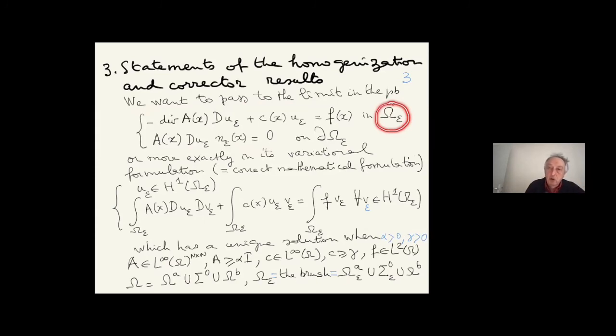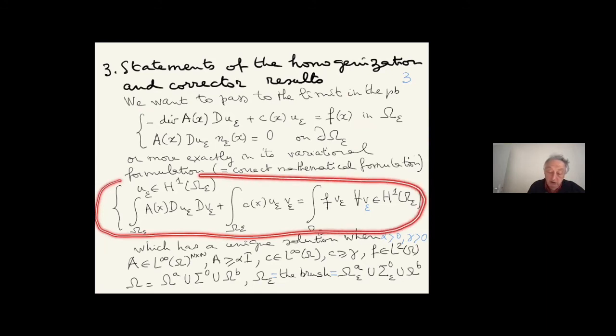So I have omega epsilon, which is included in omega, and epsilon tends to 0. More exactly, what I want to do is not to pass to the limit in this problem, but, as I said before, in the variational formulation, which is a well-posed problem, because it has a unique solution U epsilon.